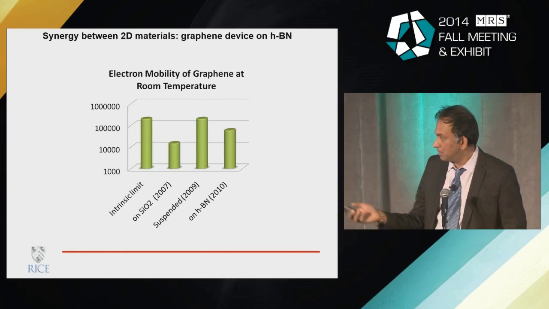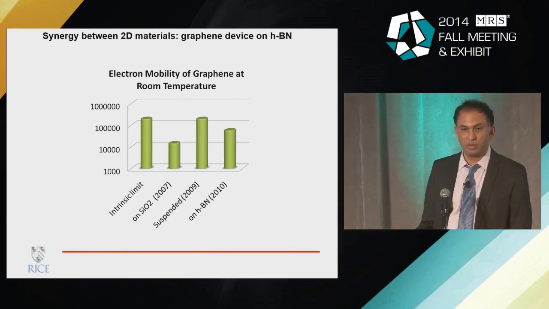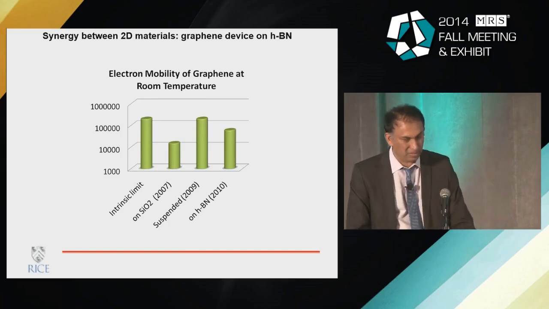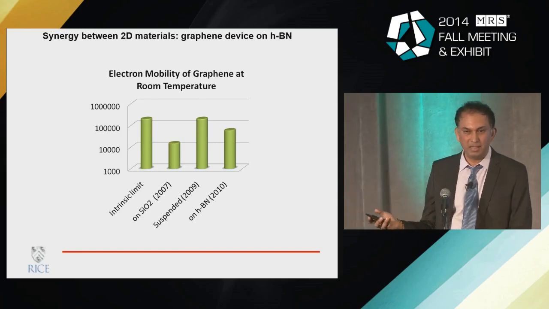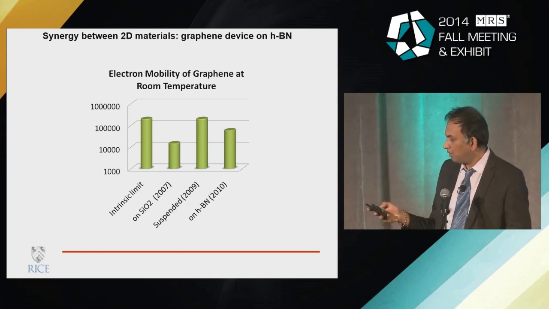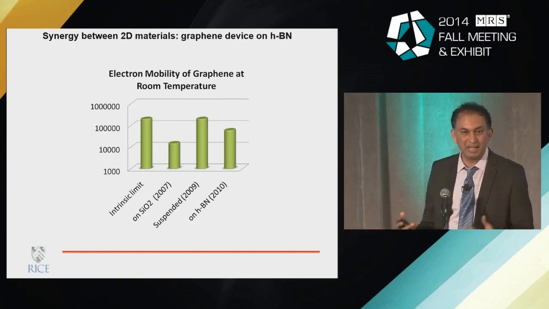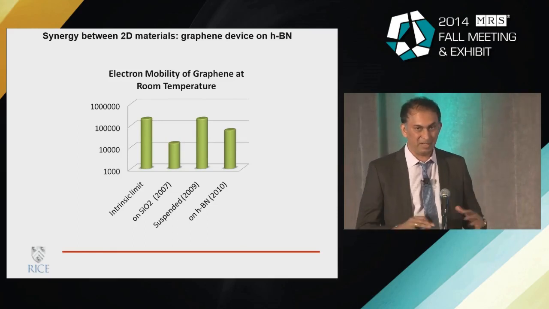In fact, if you look at this chart, you'll see that in order to get close to the predicted theoretical limits of mobility, you really have to either suspend this material and create devices from the suspended graphene, or put them on a substrate that looks very similar to graphene. Hexagonal boron nitride is an interesting material that is isostructural to graphene, very flat.